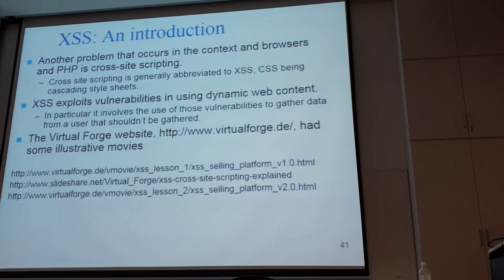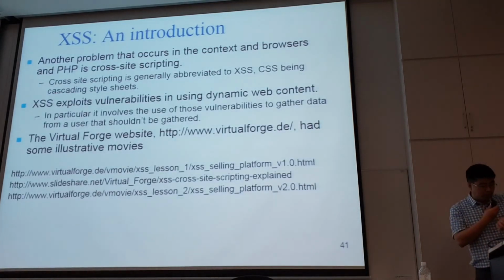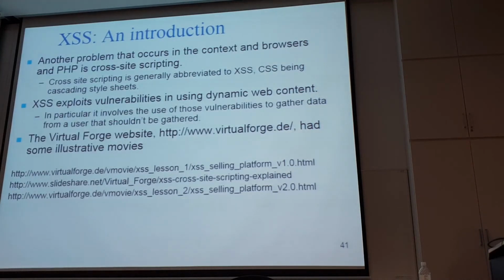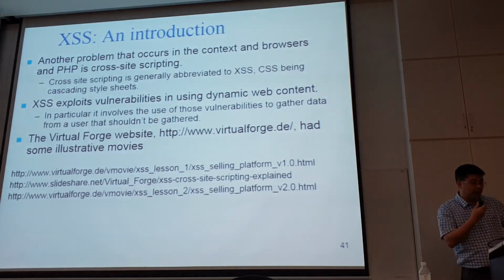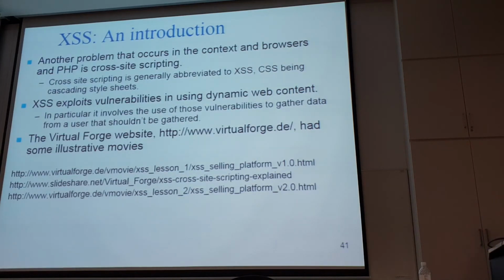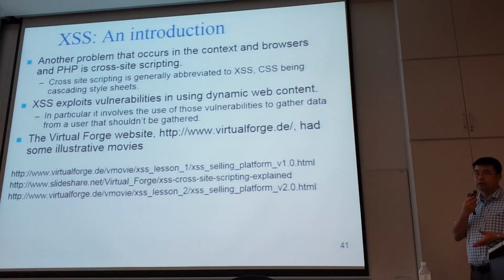Okay, so the last part of this topic is about cross-site scripting. This is one of the major security issues nowadays. Cross-site scripting can be exploited by the attacker to obtain, for example, user credentials or user cookies and so on.